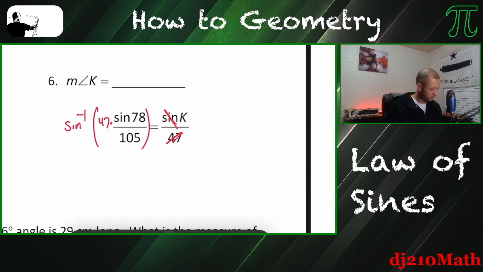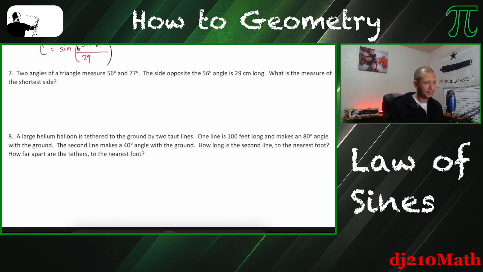So 47 sine 78 all over 105. We get 25.965.